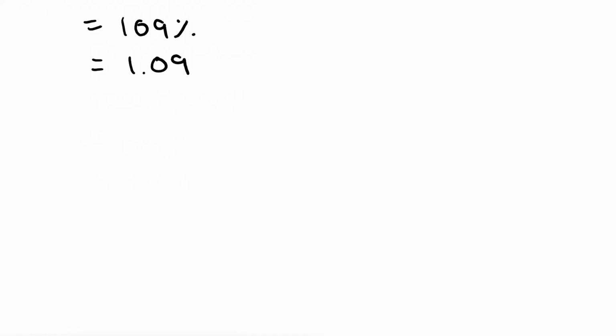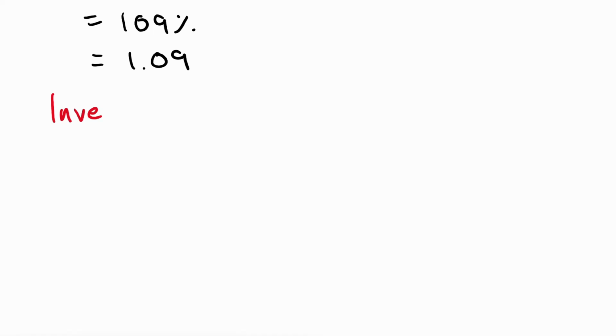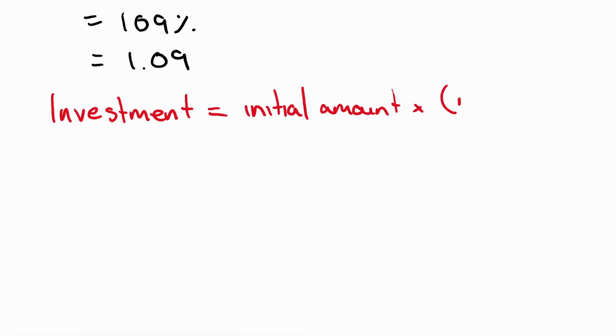Now, before, we had a mini formula going on there. We knew that our investment was equal to the initial amount that we put in, multiplied by the rate that we just found, to the power of time.